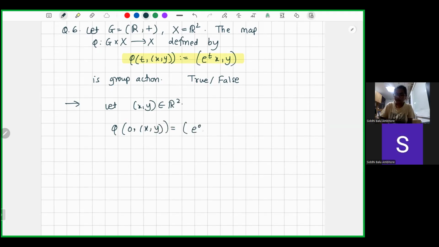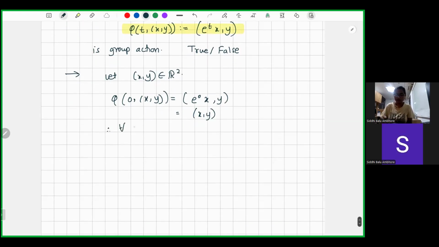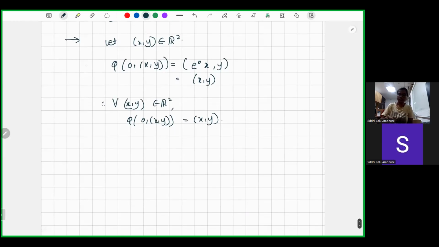This is e to the power 0 times x comma y, and e to the power 0 is 1, so I get (x, y). Since (x, y) in R2 were arbitrary, for all (x, y) in R2, phi of 0, which was my identity e, of (x, y) is (x, y), and therefore the first condition is satisfied.